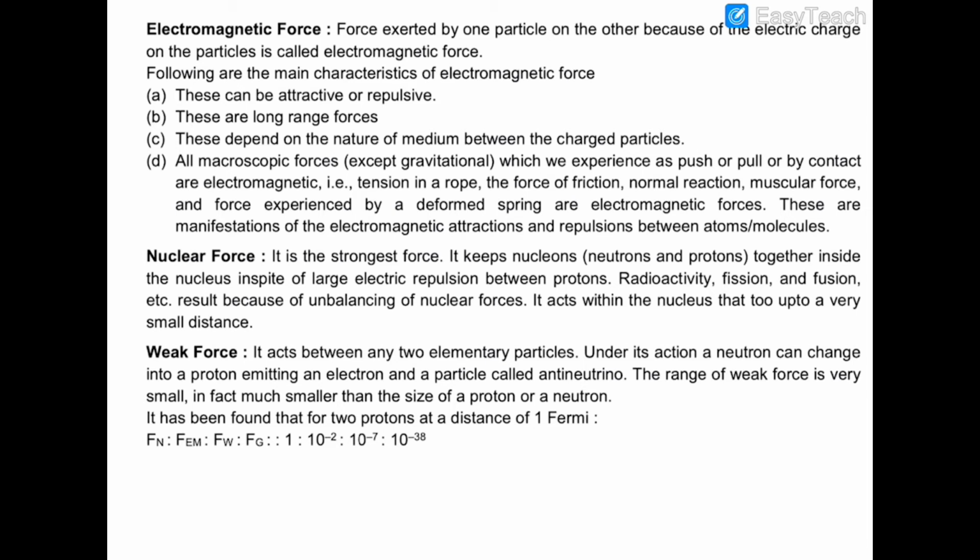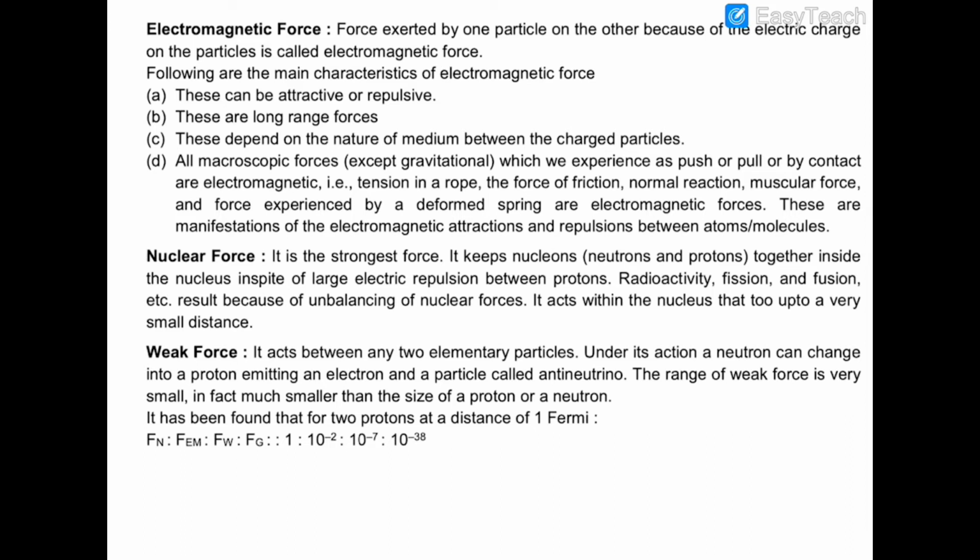Now we move on to electromagnetic forces, and as their name suggests, they are electric and magnetic forces. These forces are observed between masses which have some charge on them. So we can say that electrical charge produces electromagnetic forces.